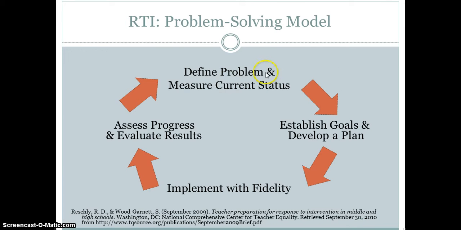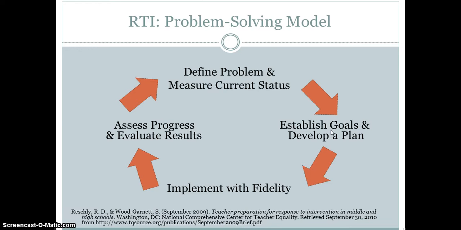Then, after the problem has been specifically defined and you know its status by measuring it, you develop goals and a plan. This is when the teacher really sits down, and a student could be involved with this at this point. The teacher talks about where she needs the student to be, what the goals are, and how we are going to work our way towards that goal.